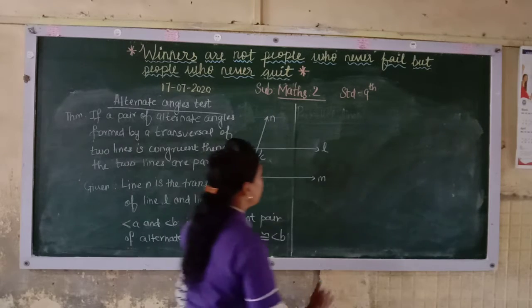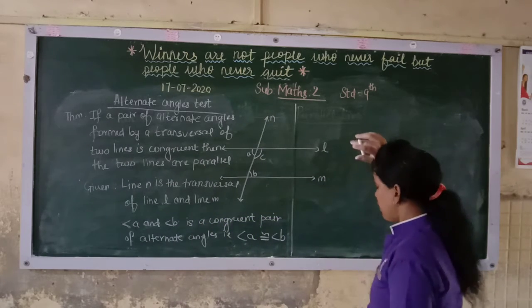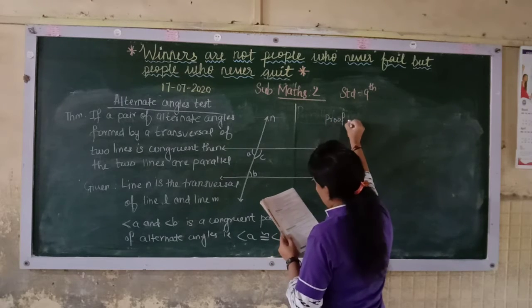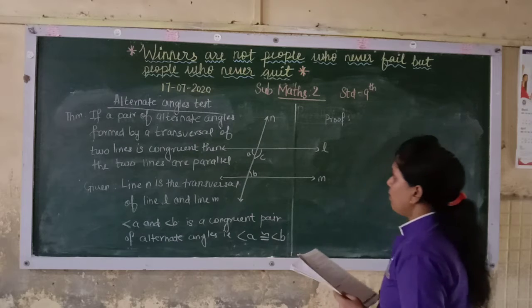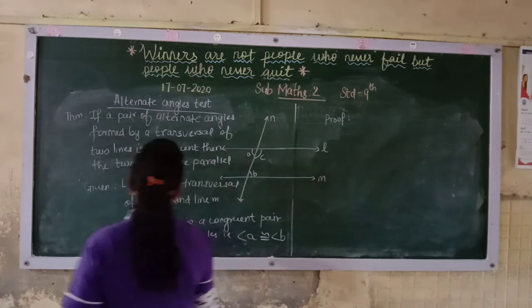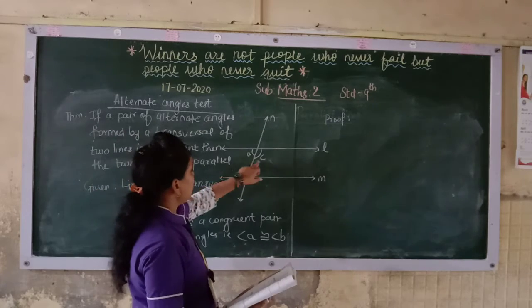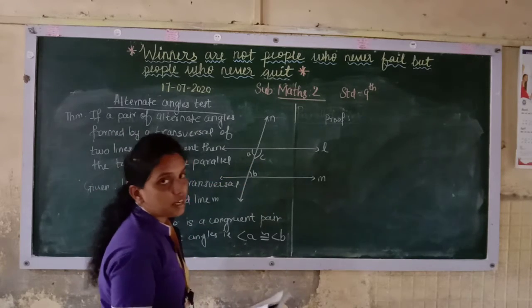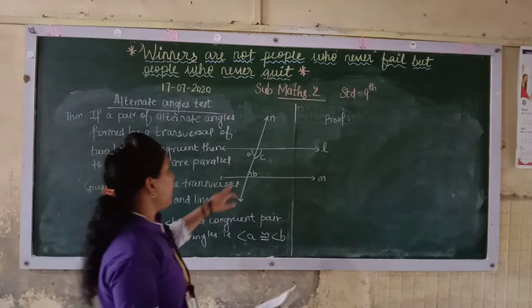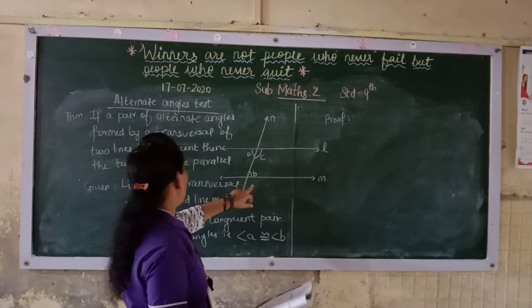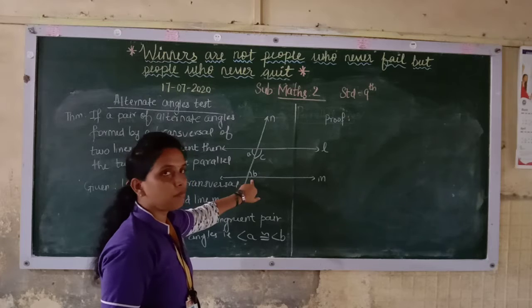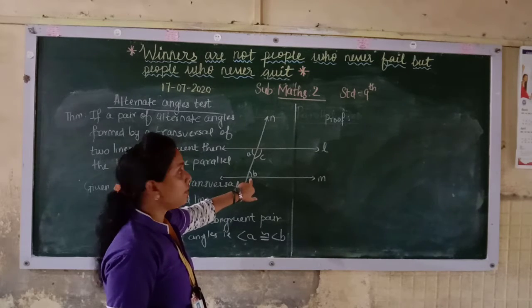So how will we show this further? We'll see the proof over here. Now can you see some angles in a linear pair? Angle A and C are in a linear pair. The linear pair sum is how much? It is 180. But A is equal to B. So what will come?